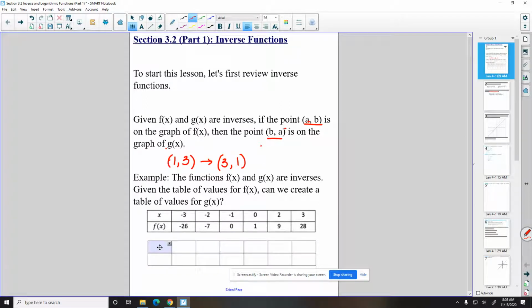And it's a pretty simple thing. All you're going to do is label it first x and g of x. And then all of the points that you know on f would just be reversed or flipped to be points on the graph of g. So you would have negative 26 and negative 3.